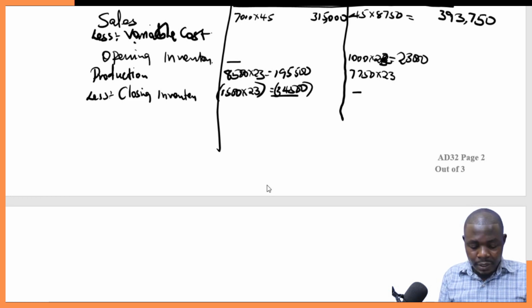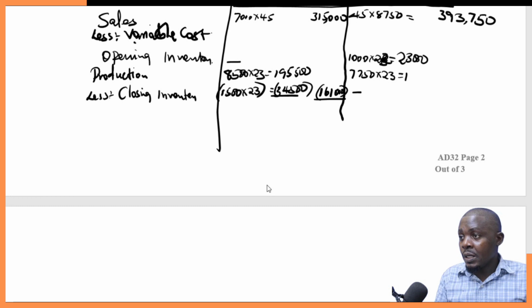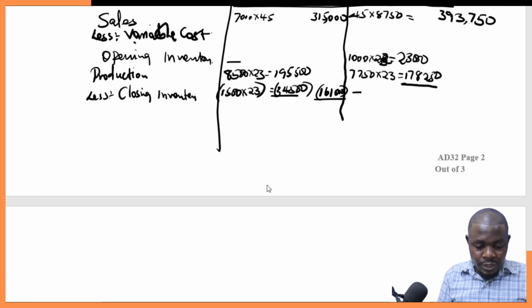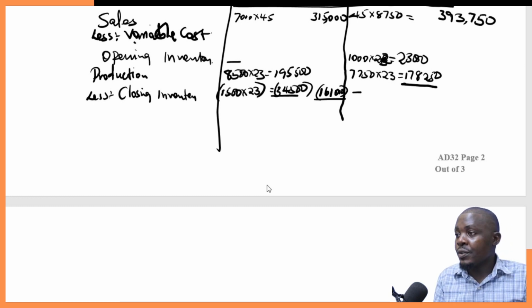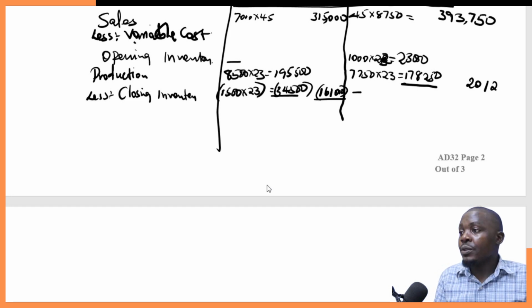This one we minus, we have 195,500 minus the answer, we had 161. And then this side we have 7,750 multiplied by 23 of 178,250 plus 23,000, we have 201,250.